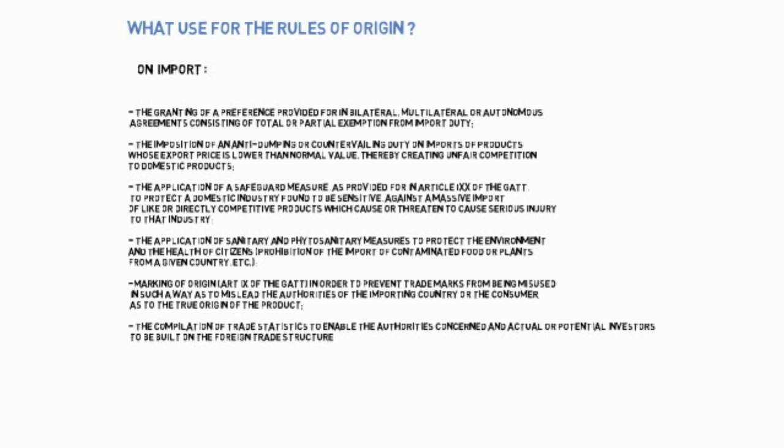What are the proofs of origin? The originating status of the products traded, in particular in the preferential framework, must be attested by a certificate of origin, the form and visa of which must conform to the specimens agreed and communicated by the partner countries.